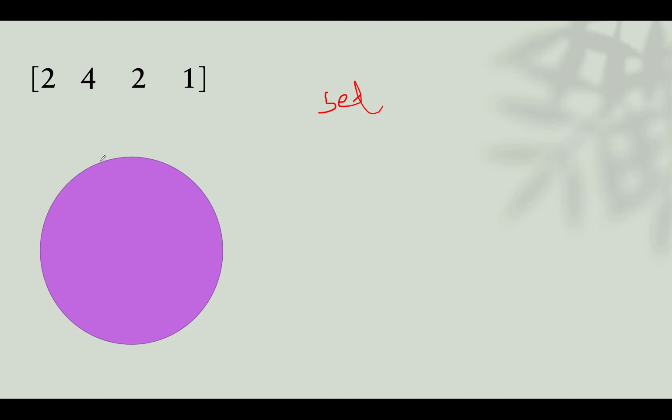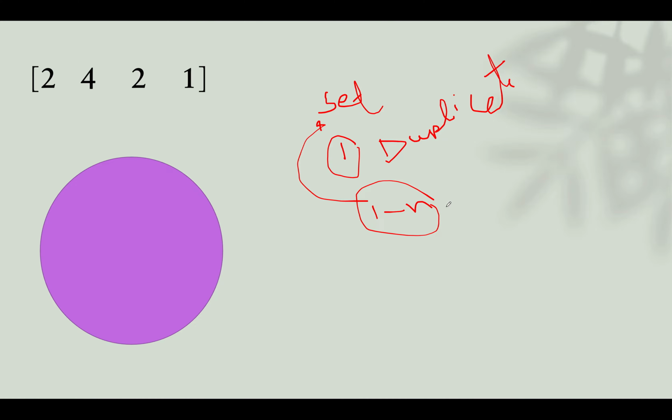As soon as we see that the element already exists in that set, we can identify the duplicated element, and once we have that, we can compute the missing element as well. We'll start from 1 to n, and whichever element is missing from this set, that element would be our missing element.